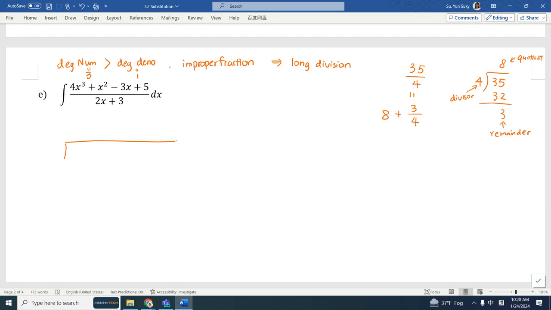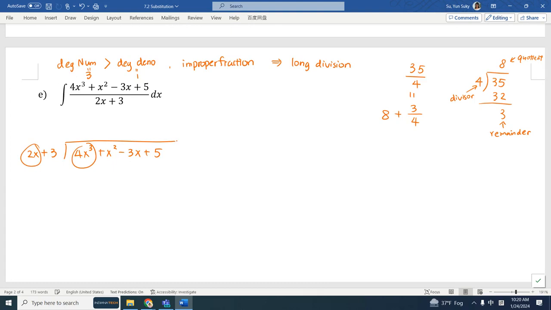So the 2x plus 3 is outside, and then we have the 4x cubed plus x squared minus 3x plus 5 inside. Are you okay with long division, everybody? We order from the highest power to the lowest power, and then we look at the first term.